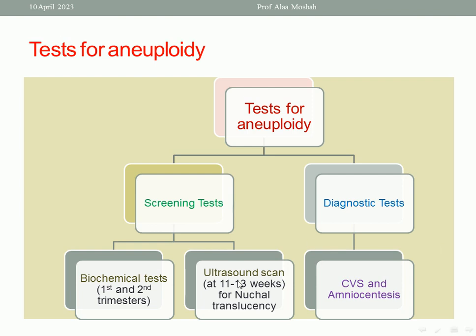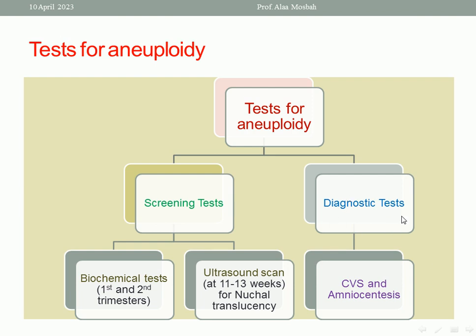So either chorionic villus sampling, which is done between 10 weeks and 13 weeks, or amniocentesis, which is done after 15 weeks gestational age. So which one is done in the first trimester is the chorionic villus sampling. Amniocentesis is done in the second trimester at 15 weeks and onward.